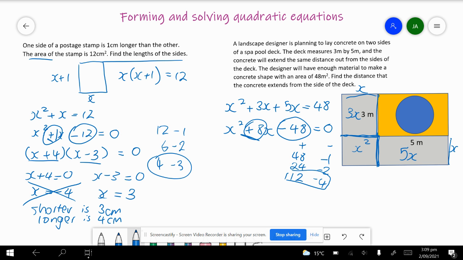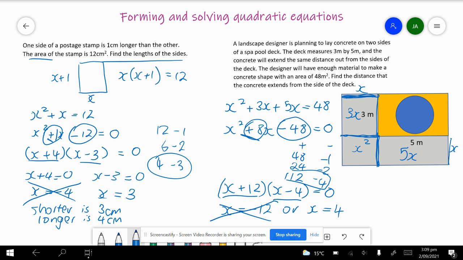Okay, so we're going to factorise that now. So we've got (x plus 12)(x minus 4) equals 0. Let each of the brackets equal 0, so x must equal negative 12 or x is equal to 4. Now we know that x can't be negative 12 because we can't have a negative length there, so we cross that one out.